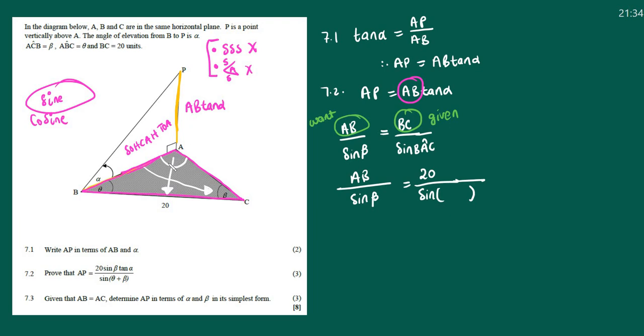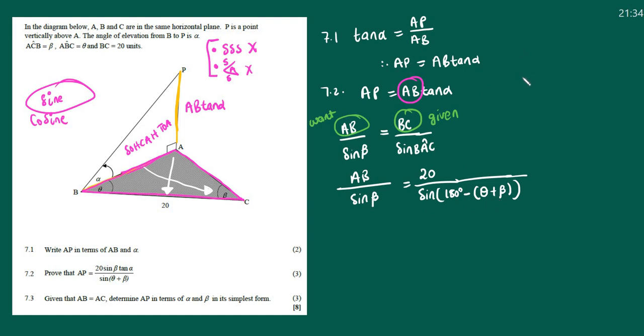So this angle here should be 180 degrees minus the two angles, theta plus beta, because the sum of angles in a triangle is 180.